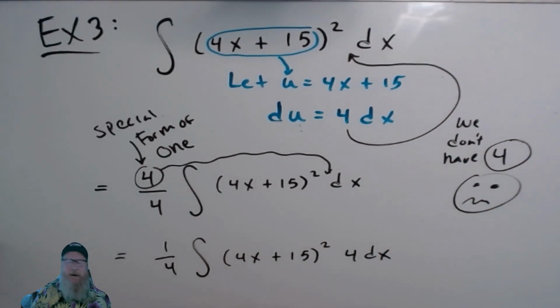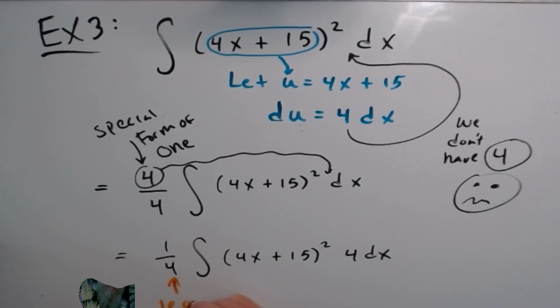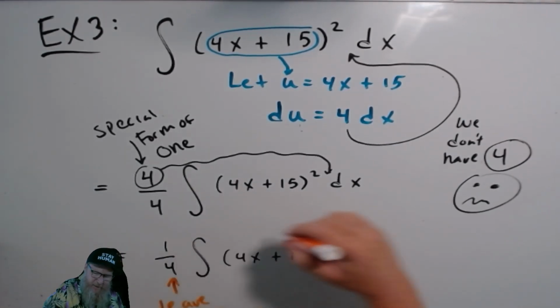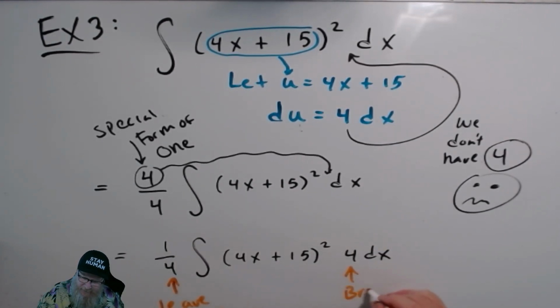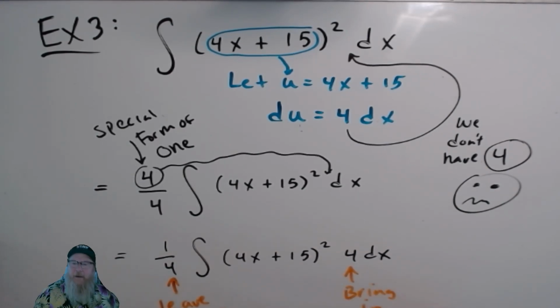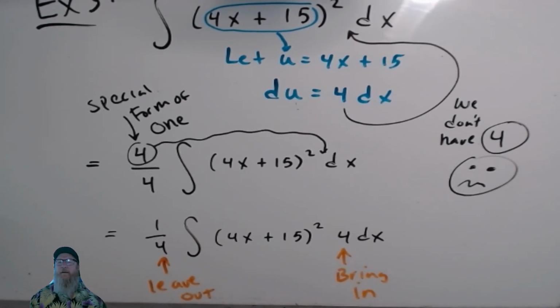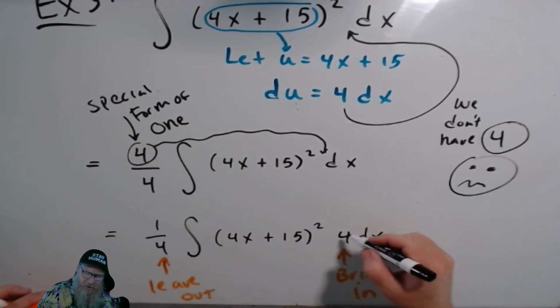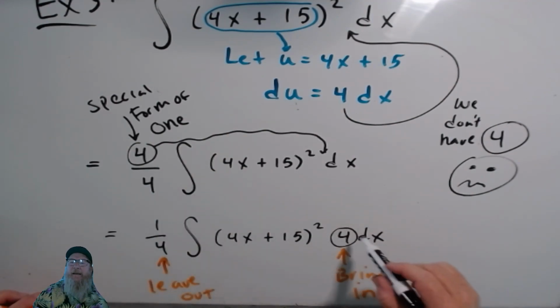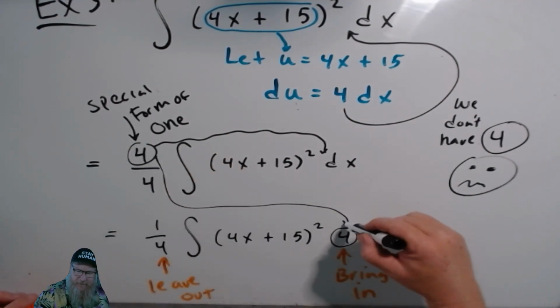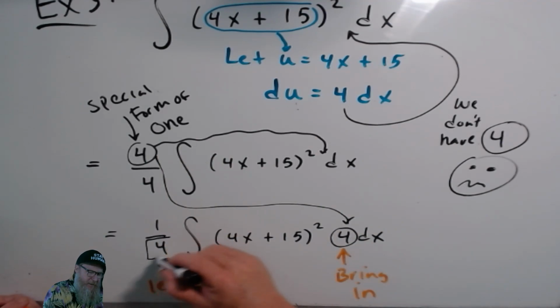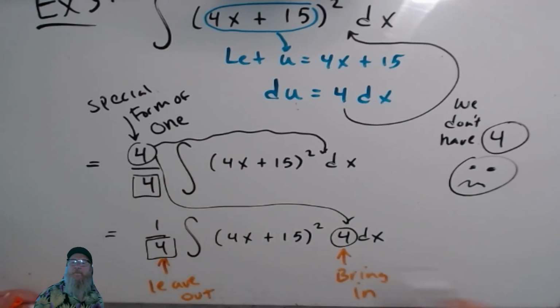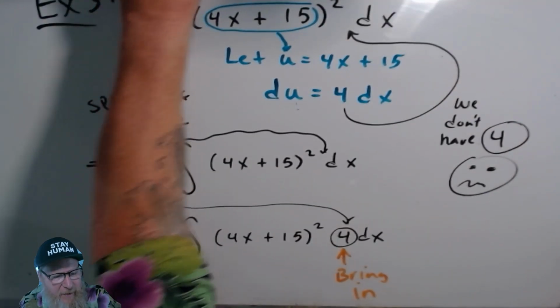So leave this one out. And this one you're going to bring in. All right, and so that is your 4 over 4. The one with the circle around it is the one you're bringing in. And then the other one is the one you're leaving out. All right. Remember, constants can move in or out of an integrand at free will.